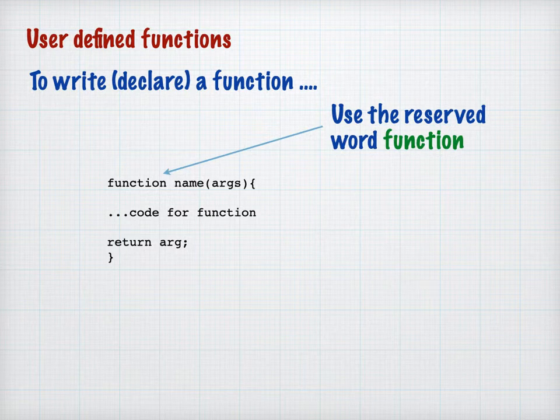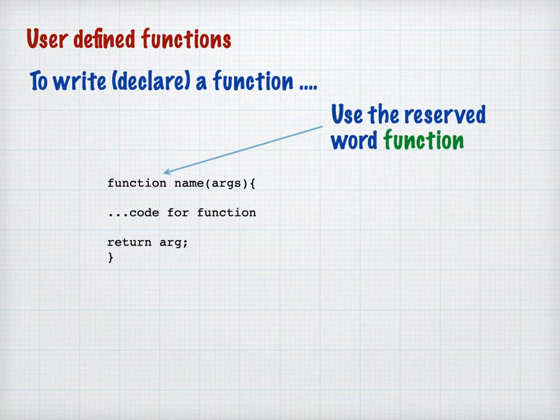At the beginning we'll have that reserved word function, and that sends a very clear signal that we're about to define a function, and then we'll have the name of the function, and then we'll have braces, and those braces wrap up the whole of the function implementation. But the last bit is this keyword return, and that says which piece of data we will actually be returning out of the function.